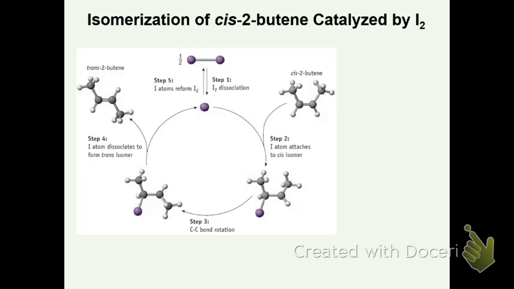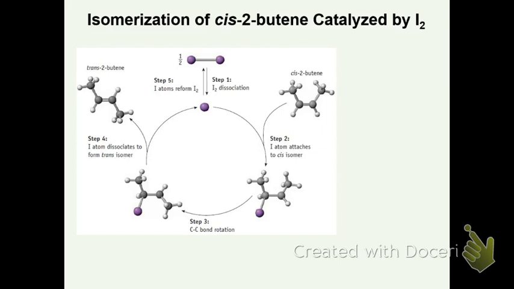So this shows basically the process that is proposed to occur when iodine catalyzes this reaction. It's a catalytic cycle or a mechanism. So it's proposed that the first step involves just cleavage of the iodine-iodine bond in I2, and then it's actually the iodine atom that's catalyzing the reaction.